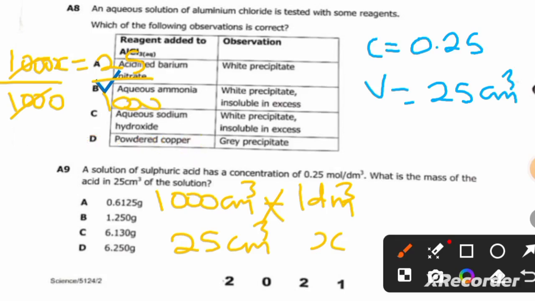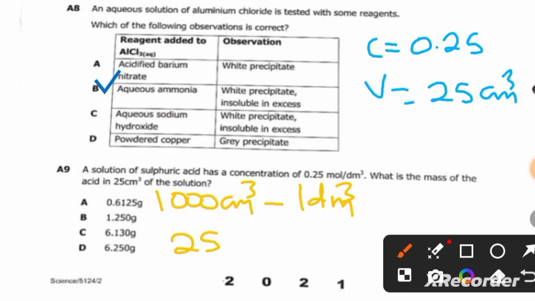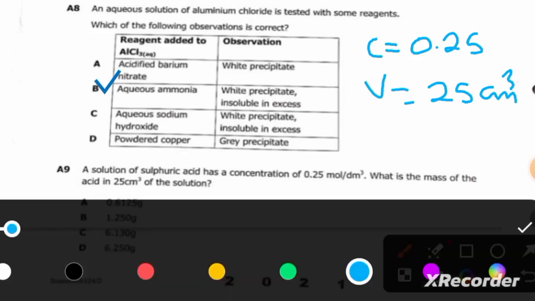So we have successfully managed to come up with the new volume in cubic decimeters.